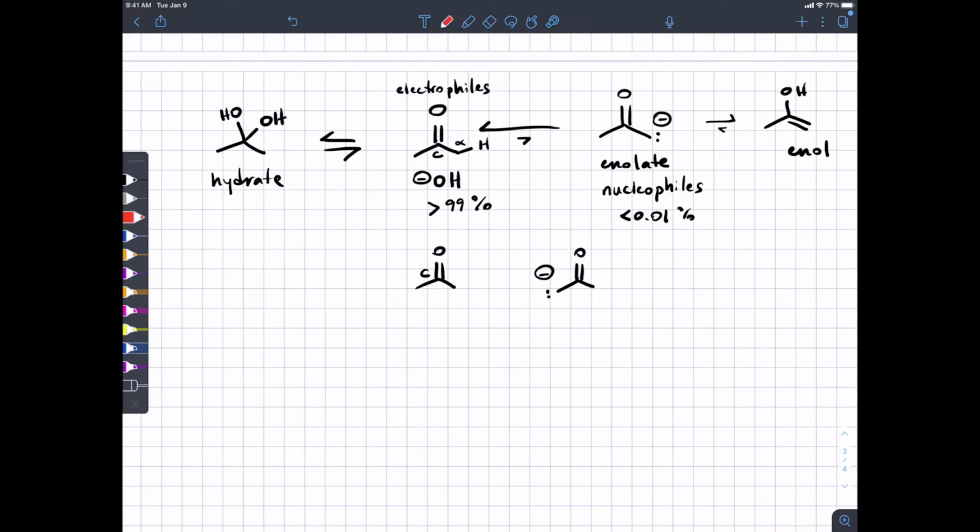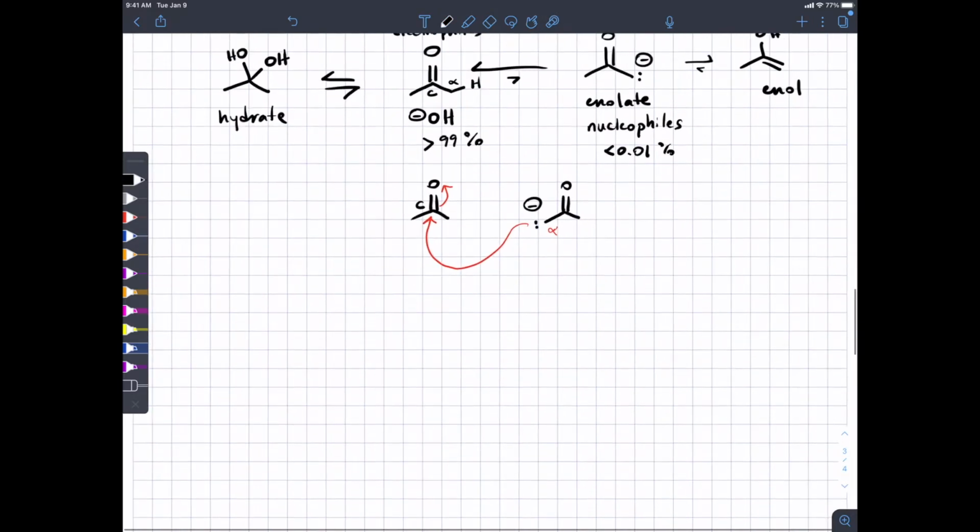And what can happen at this point is that the nucleophile, and remember enolates react mostly at the alpha carbon, that's the most nucleophilic spot, can attack the carbonyl carbon at the pi star, which is where the LUMO is for that carbonyl carbon, and that breaks the pi bond to give you a tetrahedral intermediate.